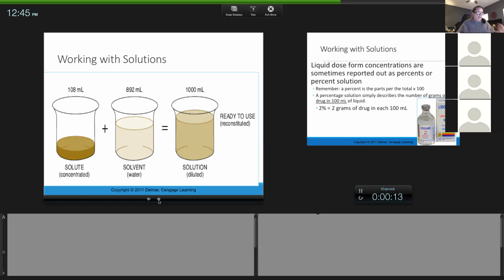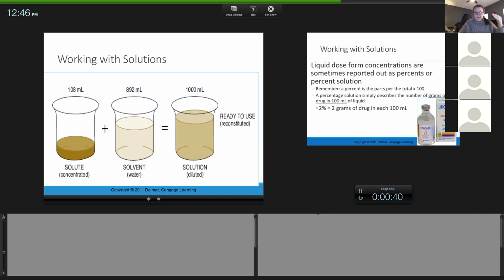If you look here, you've got the concentrated solute, you've got the solvent, and you have your desired solution. Now, when we make a mop bucket, are we measuring how much water's in the bucket? Sometimes we just get an idea. But when you start working with medications, or a spray bottle, it's a defined amount.